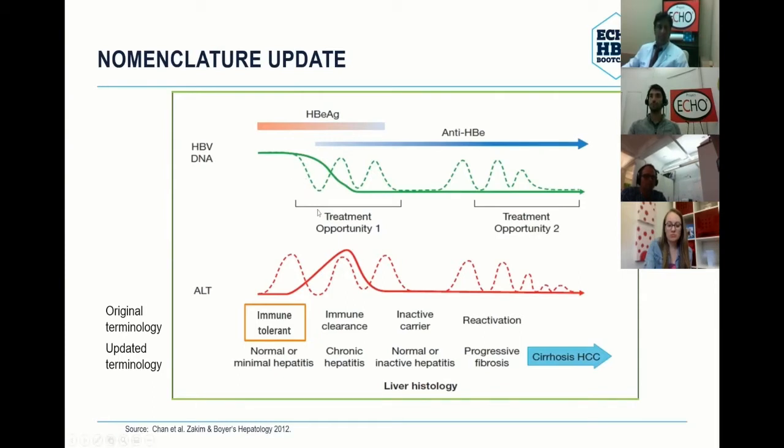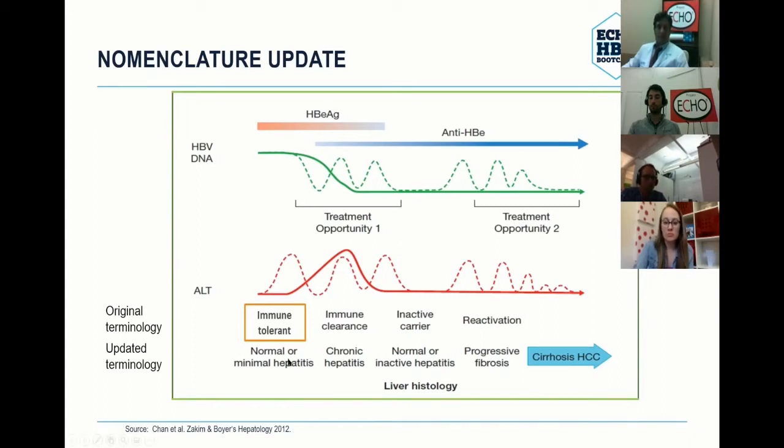When you're looking at the DNA levels, at least by definition, she's in the range to undergo treatment, so that is a treatment opportunity. And she's E antigen negative, so any virus that is more than 2,000 international units should be considered for treatment, especially if she's older than 30 years.